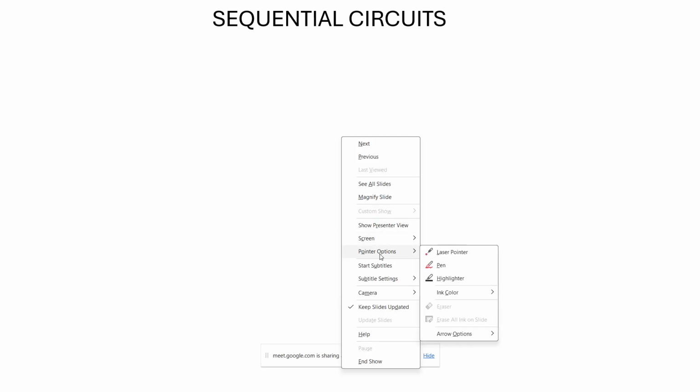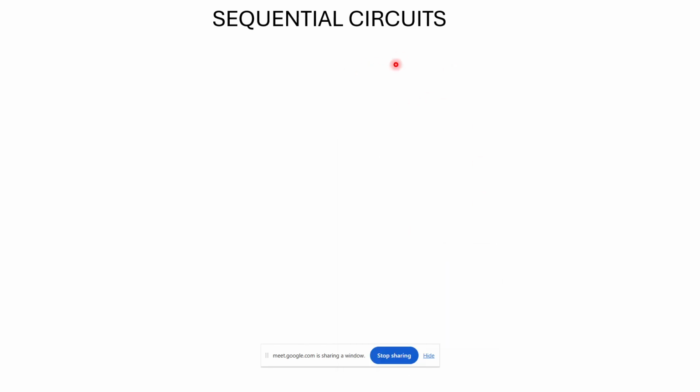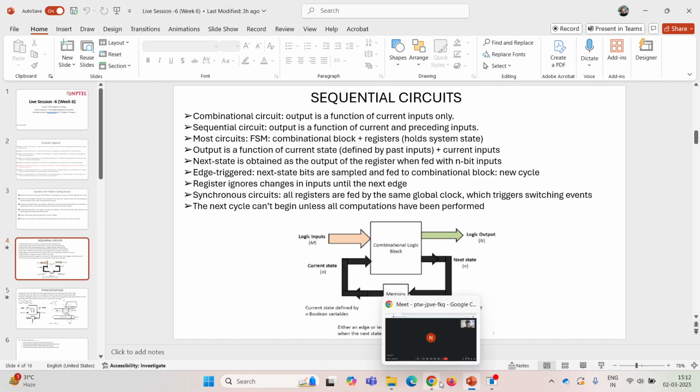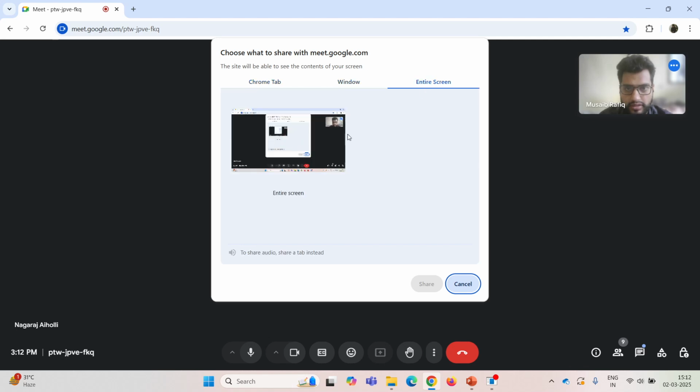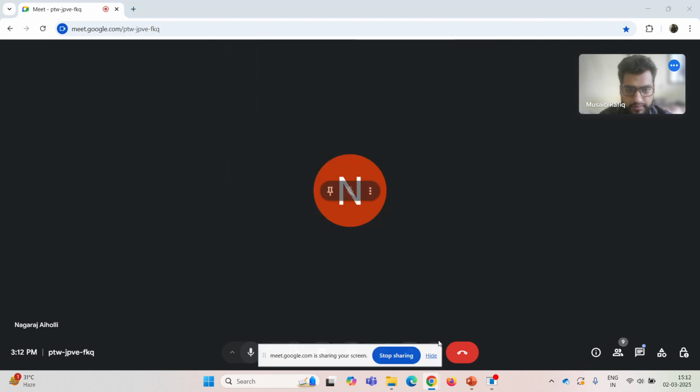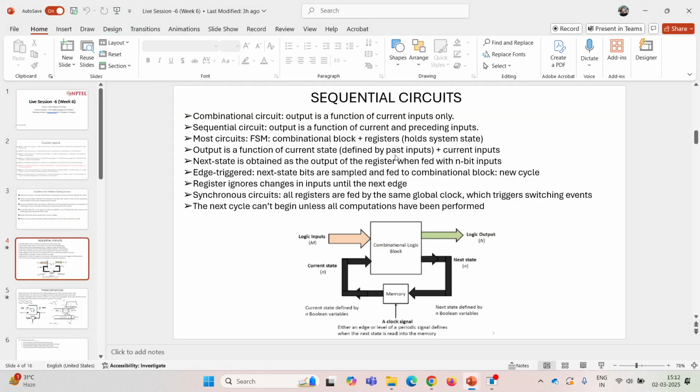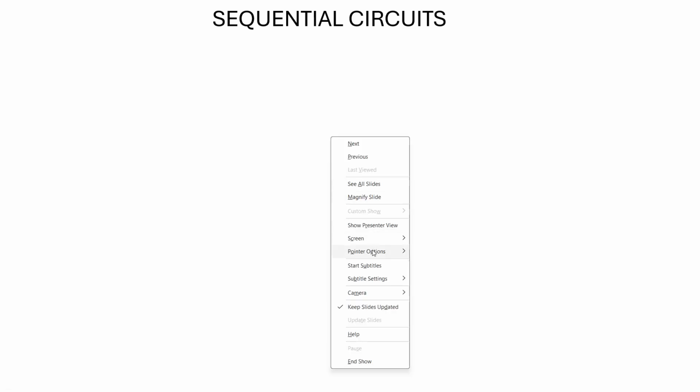Now, are you able to see this? Can you confirm whether you are able to see this pointer? No, you won't be able to see it. I have to share the entire screen, so just give me a second. This is an issue with Google Meet. It happens frequently, so I'll just share the entire screen.